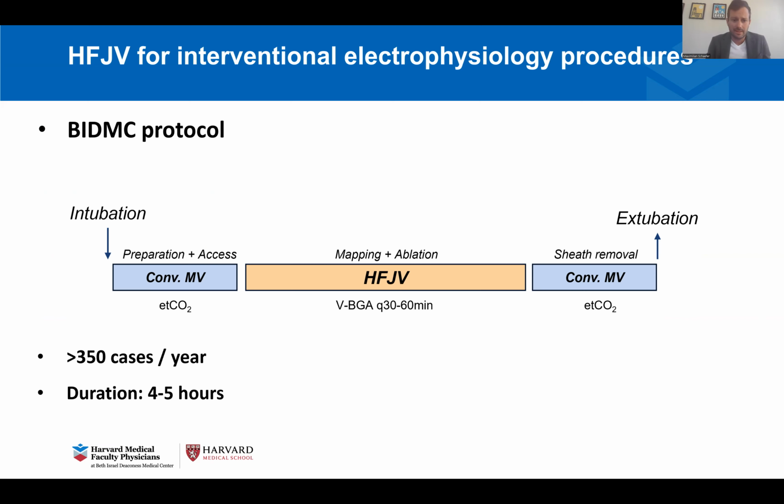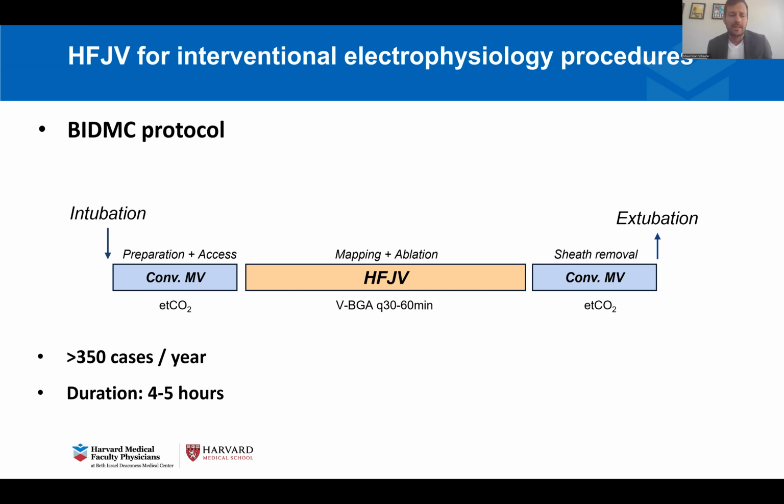We monitor baseline CO2 levels, and then the cardiologists facilitate access to the groins, and once they have access and the catheters in place, they start mapping. And just before they start mapping, we'll start jet ventilation. Doing jet ventilation, we usually draw a central venous blood gas analysis every 30 to 60 minutes to make sure we are not hypoventilating the patient, and this will be important.